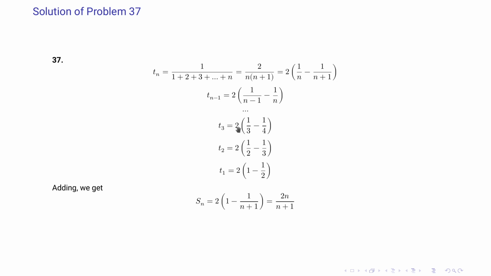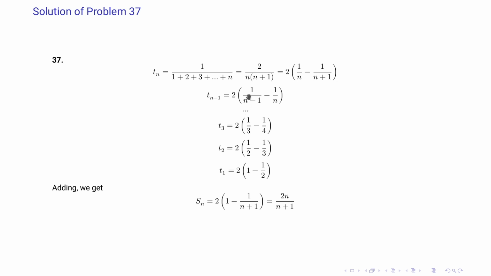Similarly, T3 would be 2 into (1 by 3 minus 1 by 4). T2 would be 2 into (1 by 2 minus 1 by 3). And T1 would be 2 into (1 minus 1 by 2). Now if we add all this, 1 by 2 will get cancelled here. This 1 by 3 will get cancelled here. This 1 by 4 will get cancelled with T4.